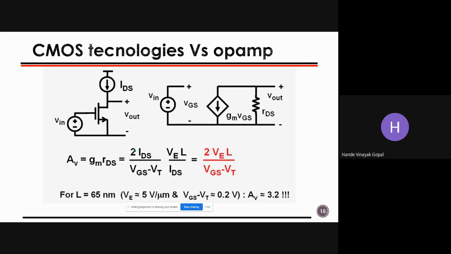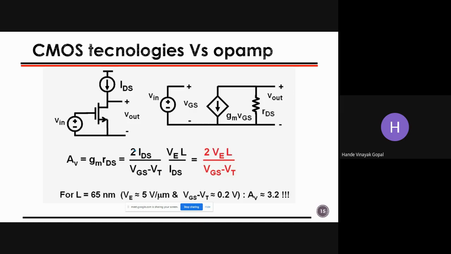Your intrinsic gain of the MOSFET will lie somewhere between 2 to 4, and for 65 nanometer, we can say that it is lying around 3.2. In that slide it is a little bit higher, but I think for this 65 nanometer I might have made a mistake, it might be 32 nanometer.